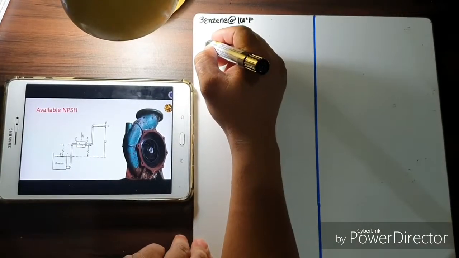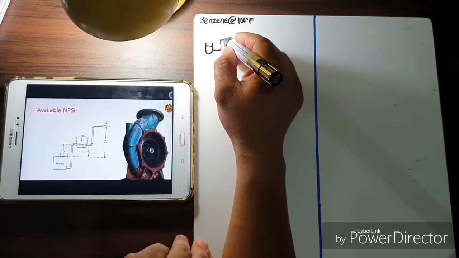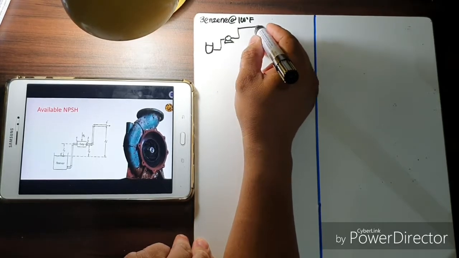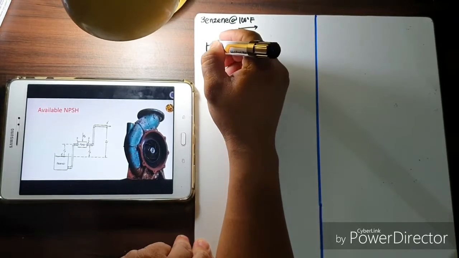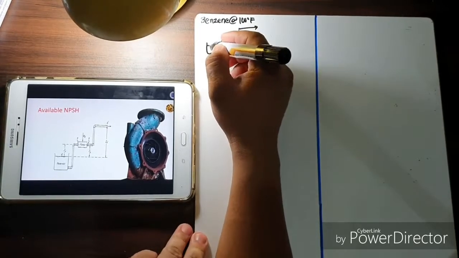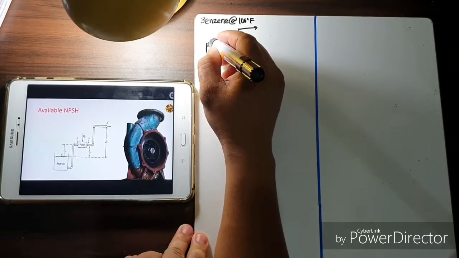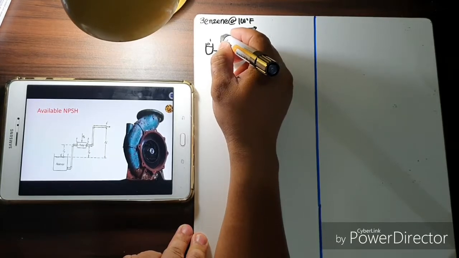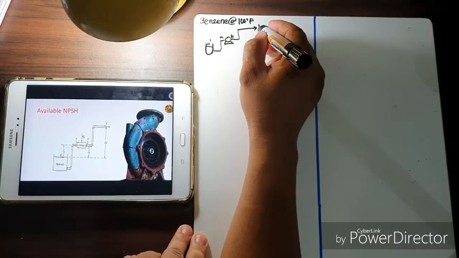We have a reservoir, and it's being pumped to this height. It's assumed that the surface of the benzene inside the reservoir is A prime, the elevation of the pump is A, the discharge of the pump is B, and the destination is B prime.